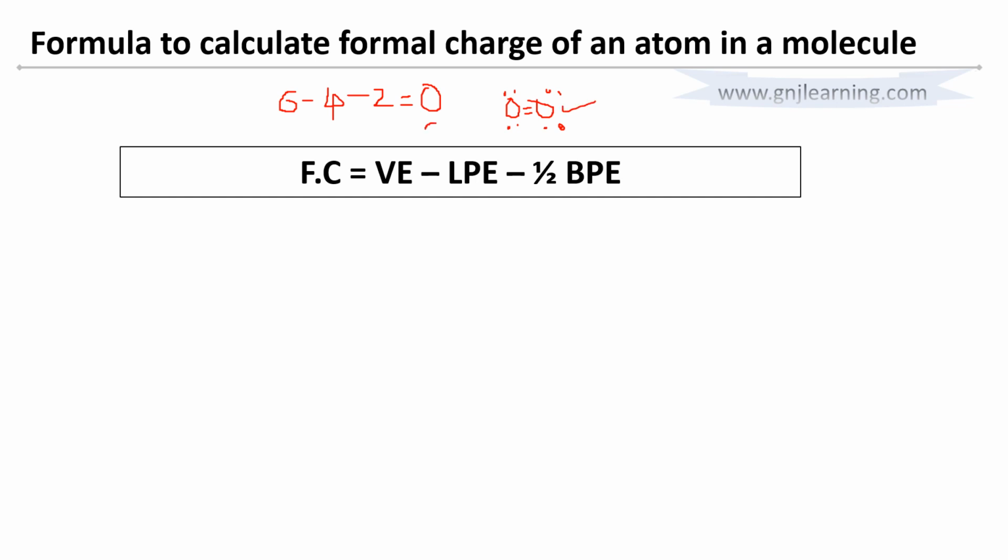Its charge is also equal to 0. If you look at this oxygen, you can clearly see that oxygen is sharing 2 pairs of electrons. Half of it belongs to this oxygen itself, and half of it belongs to the other oxygen. So if I take half of it, that means this oxygen has its own electrons, 2 lone pairs, and half of the bond pairs.